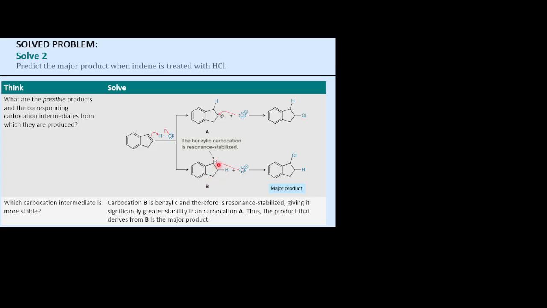Because we don't have a reversible reaction in this case, it's always going to end up being what's faster, not what's more stable at the end. Is that making more sense? It's more about what gives us the lowest energy intermediate, because that gives us the faster reaction.